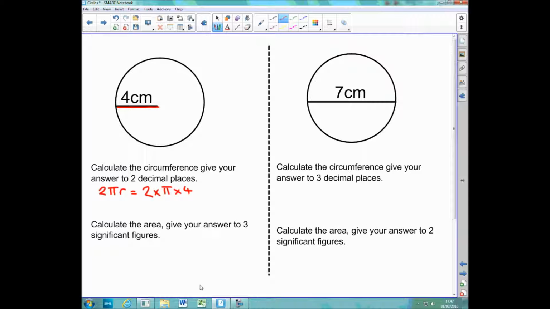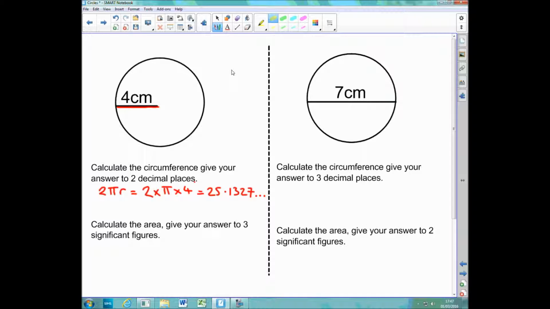If you do that, you'll probably end up getting 8 pi on your calculator. If you do get this, then make sure you push your SD button to change this to a decimal, and you should get 25.1327, and this number continues on forever.